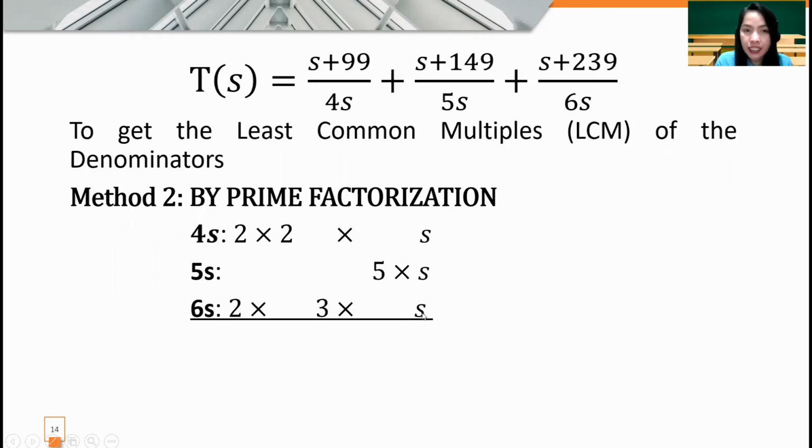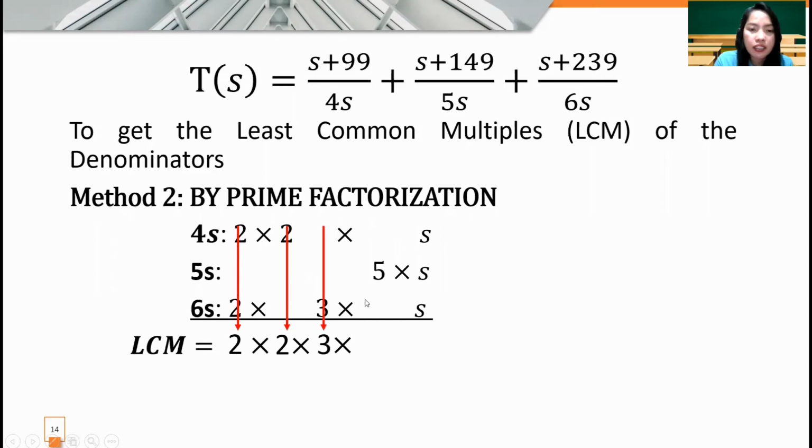So for us to get the LCM, ibababa lang natin yung 2. So kapag may kapareho na siya, ibababa mo lang. Pag walang kapareho, okay lang, ibababa mo din siya. Tapat-tapat lang siya. 3, 5, and then bababa mo lang yung s.